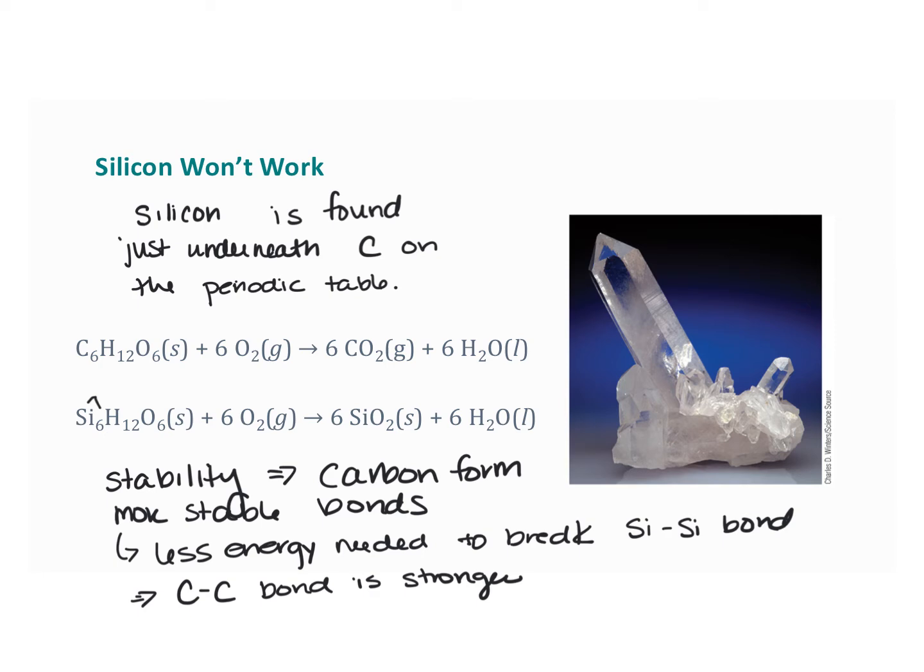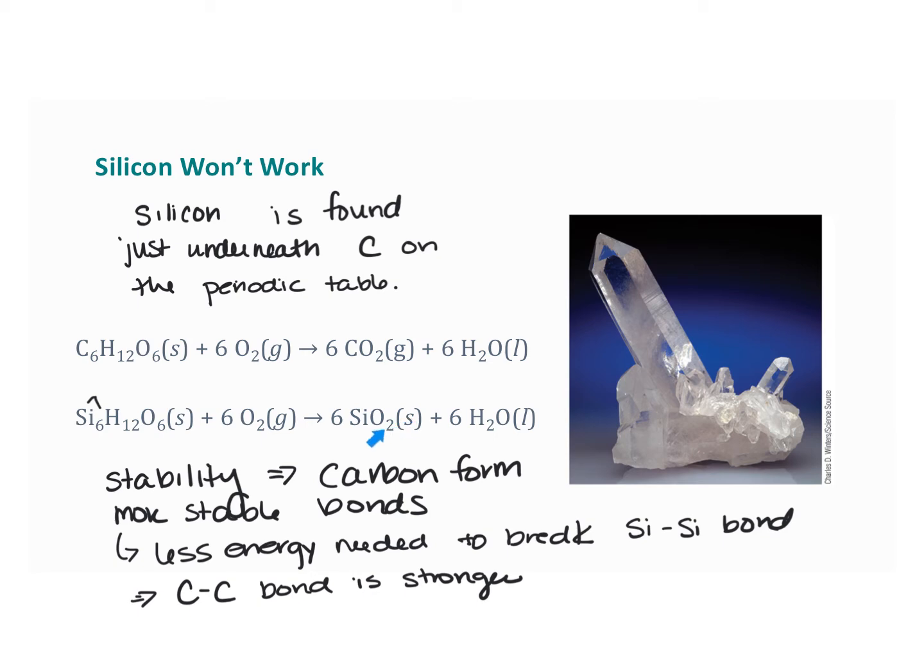If the molecules of life were based on silicon, the glucose analog would be Si6H12O6. And the byproduct here would be silicon dioxide, which is a solid and is the main component of sand, and in the crystalline form is known as quartz.